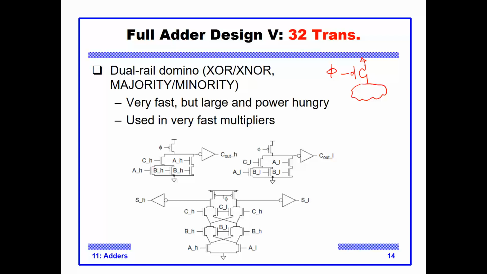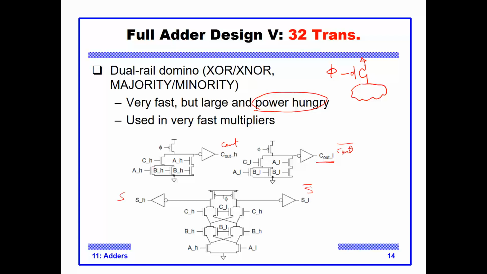In dynamic circuits, we know that they are faster, but this is the problem, they are power hungry. Okay, and here you can see that we are generating again also the output C out. This is C out prime, by the way, and the C out. Okay, and the sum prime and the sum.